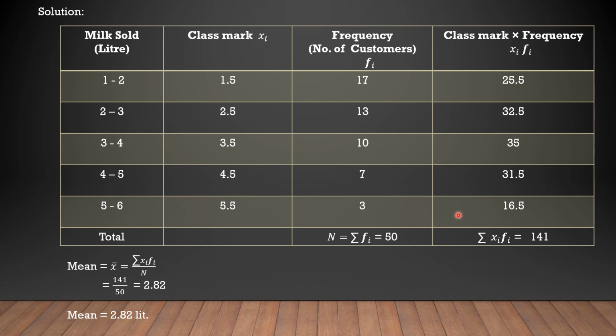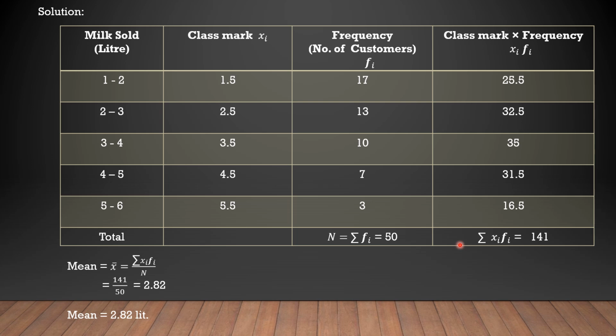So the values of Xi Fi are 25.5, 32.5, 35, 31.5, 16.5.